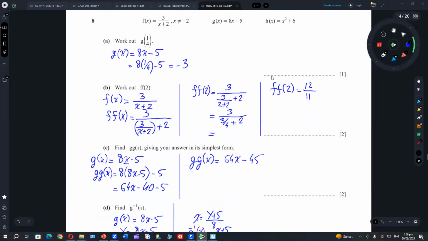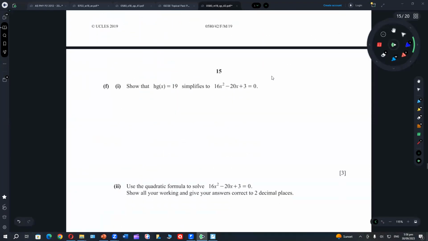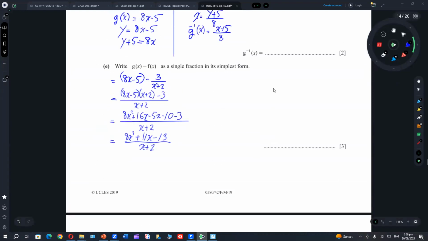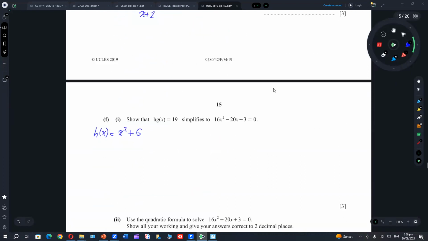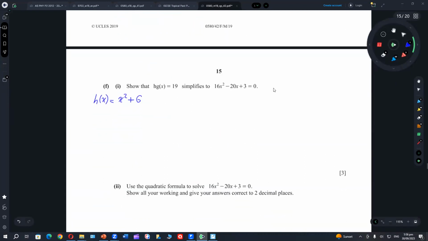h(x) is equal to x square plus something. I want to insert g(x) in h(x). So what is g(x)? 8x minus 5.